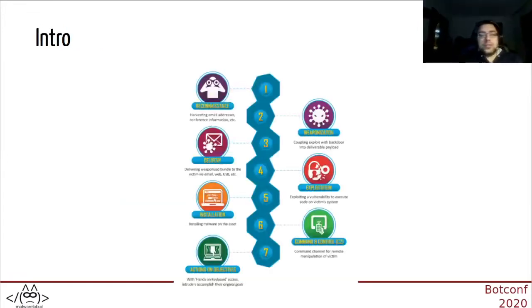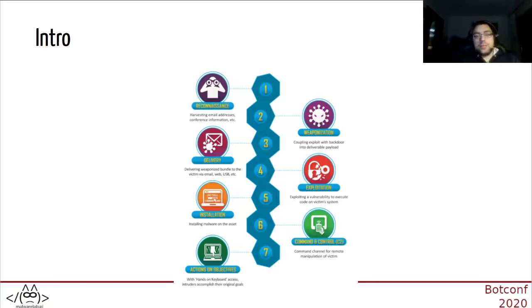So let's start with some ideas on where and when we can use cloud services. This is the picture most of you are probably familiar with, named kill chain, infection chain, whichever name you prefer.